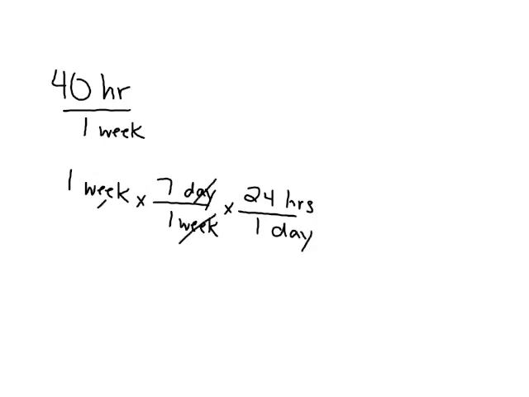The weeks are gone. Days are gone. How many hours do I have? 7 times 24. 168. 168 hours are in 1 week.